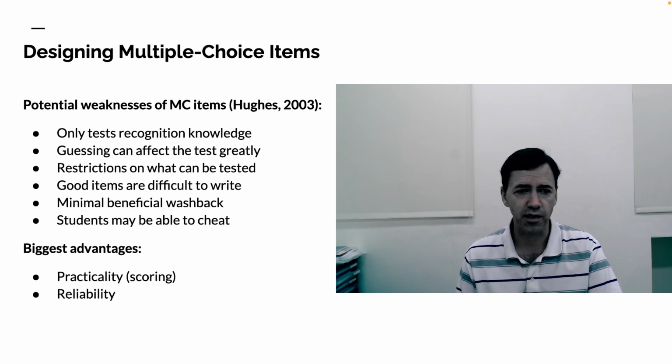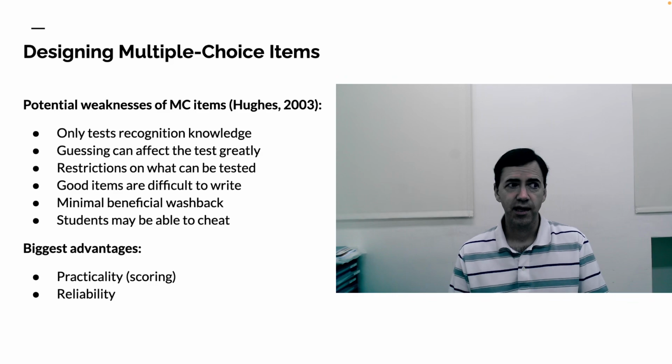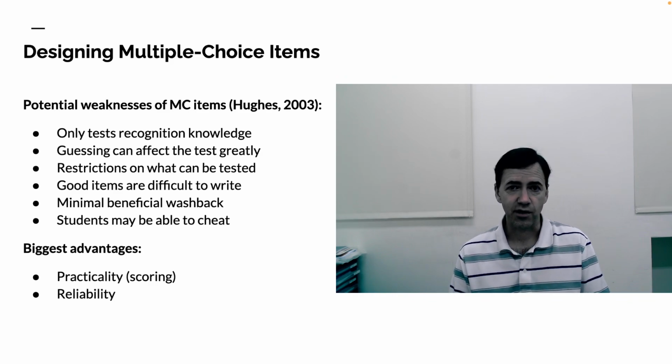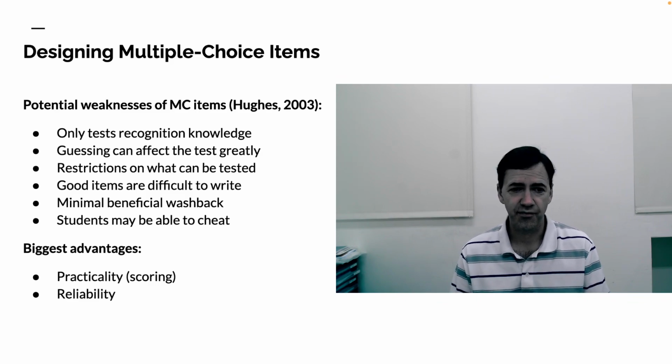So the first one then is that it only tests recognition knowledge, right? There's no output, there's no production. And as we know, guessing can affect the test a lot. And as we're going to see later, if you have a problem with some of the distractors that you've designed, then that increases the chance that they can guess.